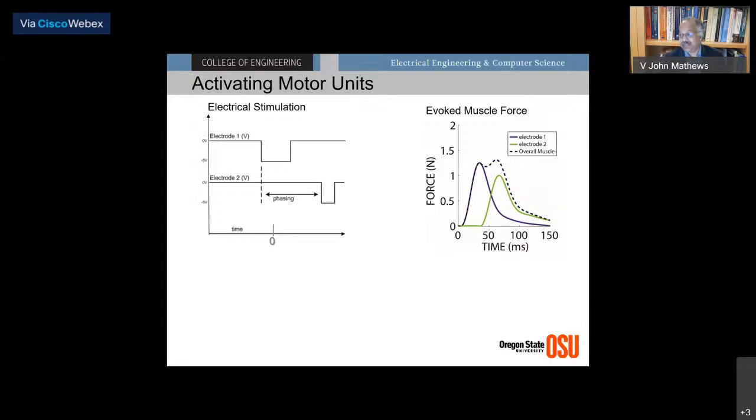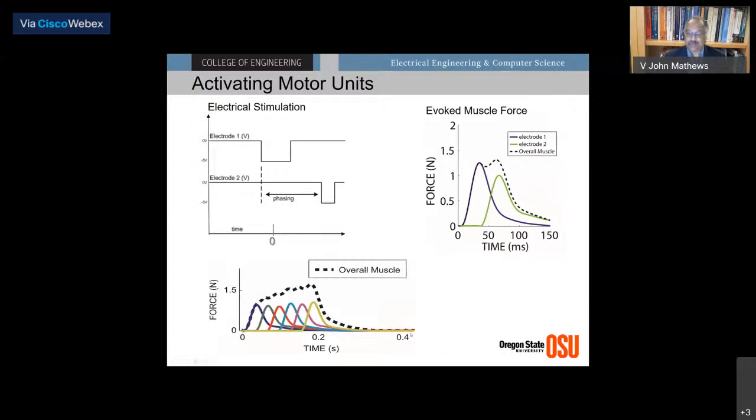So the idea is this. If you can figure out what kind of pulse sequence, at what times and what widths you provide, you may be able to evoke muscle forces that follow a desired profile or trajectory. That's how we do things. And that's the whole idea.